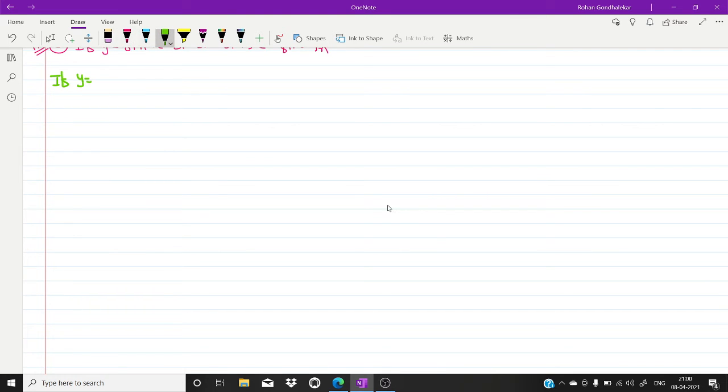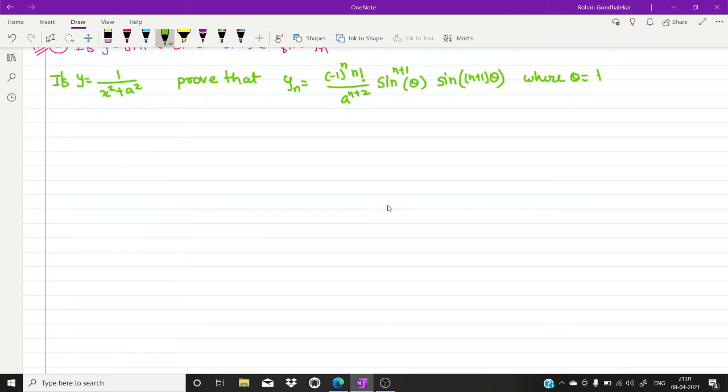If y is equal to 1 upon x square plus a square, prove that yn is equal to minus 1 raised to n into n factorial divided by a raised to n plus 2 into sin raised to n plus 1 theta into sin of n plus 1 theta, where theta is equal to tan inverse of a upon x.